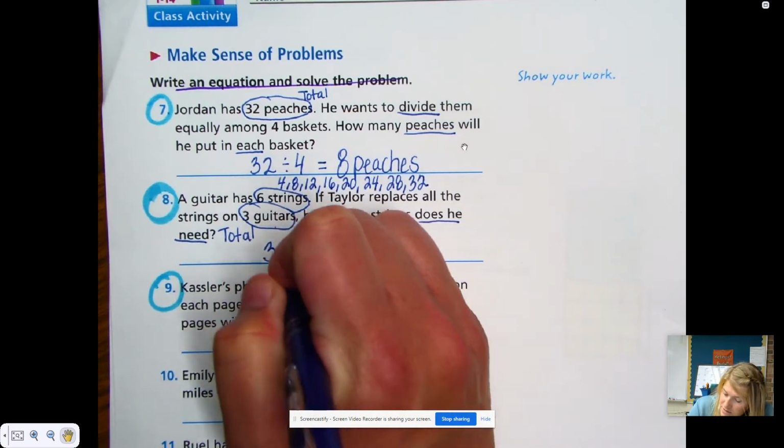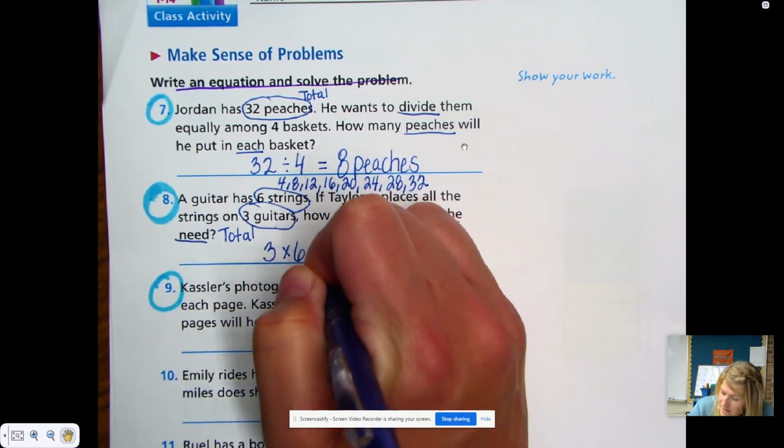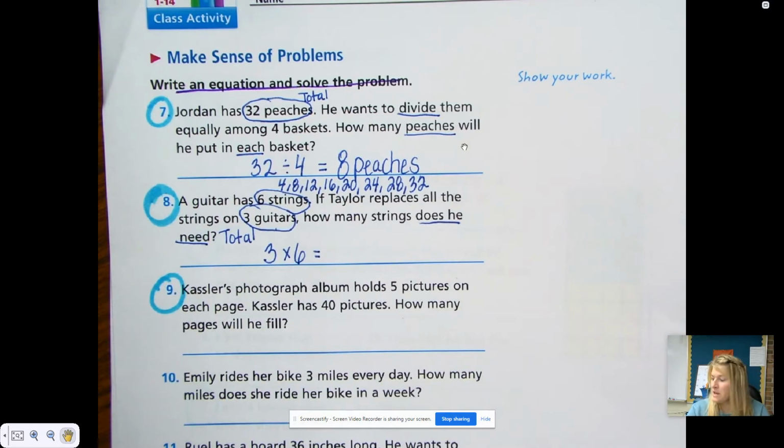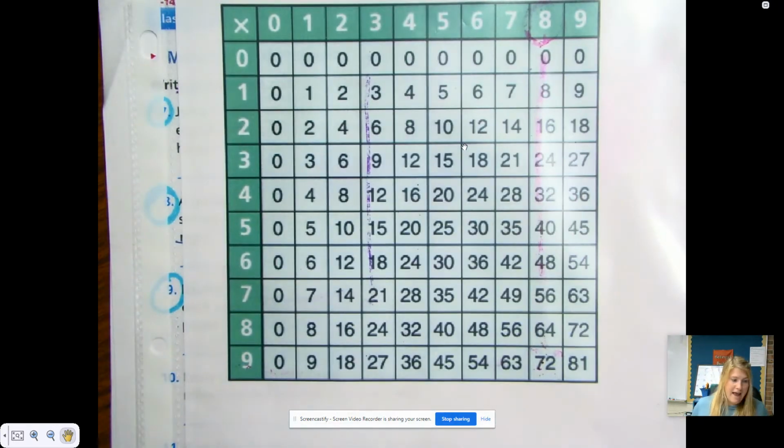3 times 6 equals, let's see. You guys, this time I'm going to use my multiplication chart to solve this 3 times 6. Excuse me, I put away my index cards. How dare I?